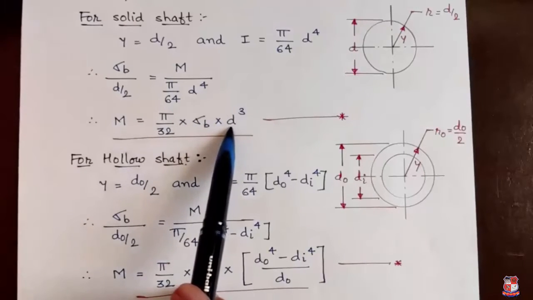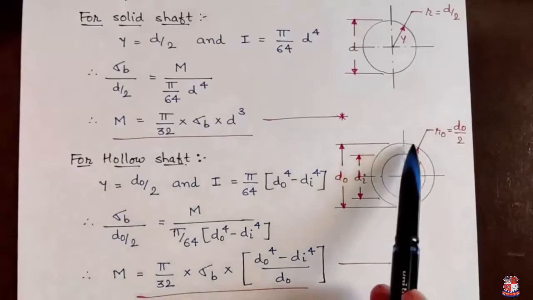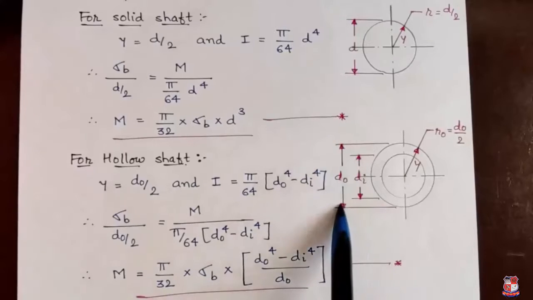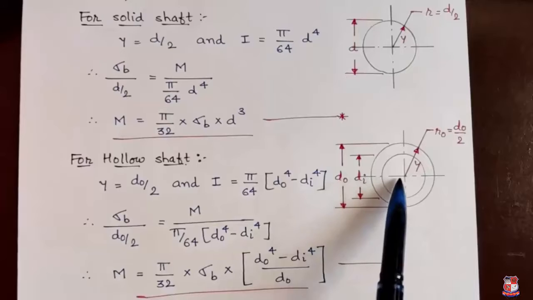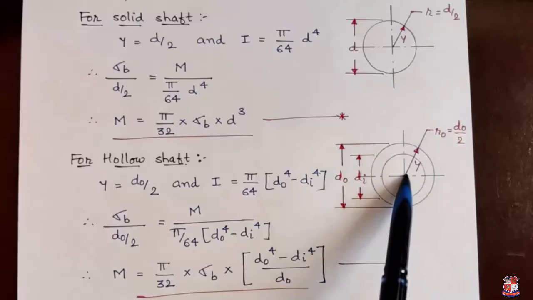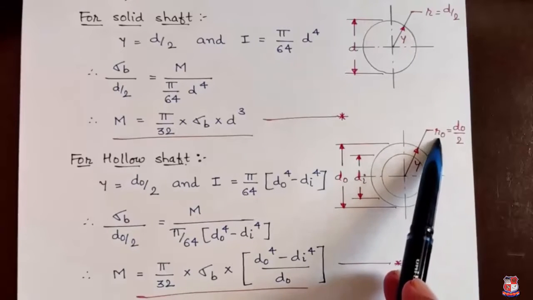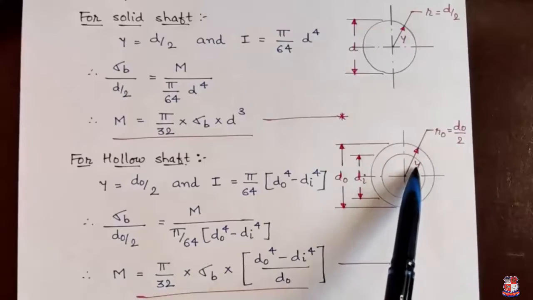Now for a hollow shaft, let us consider this cross sectional area having outer diameter Do and inner diameter Di. So the distance of extreme layer from neutral axis will be the outer radius. Here outer radius is Ro, it will be Do by 2 and that will be our y.